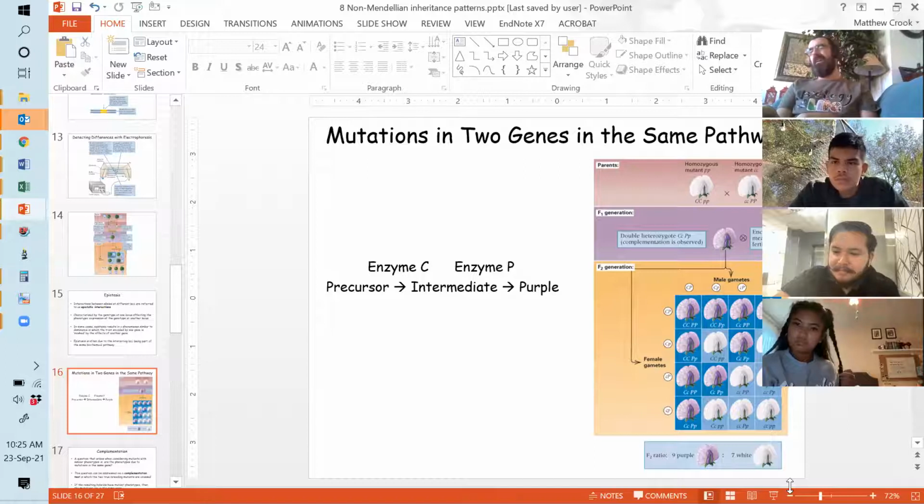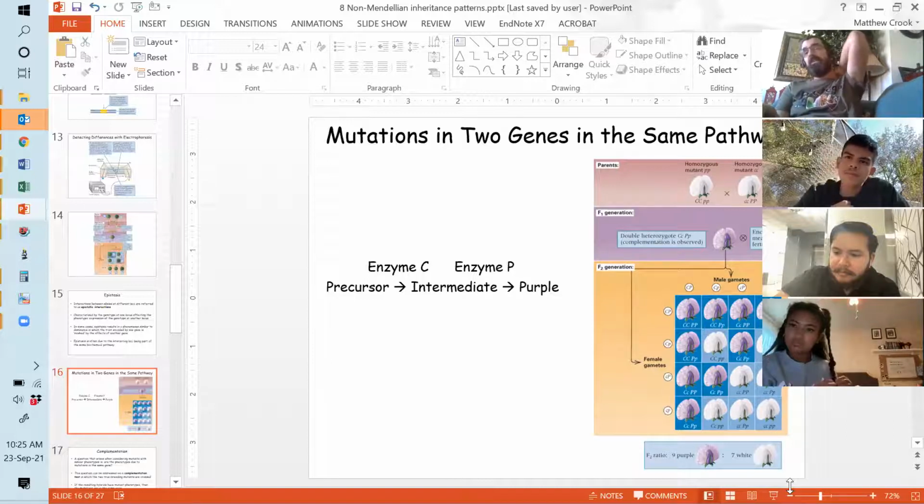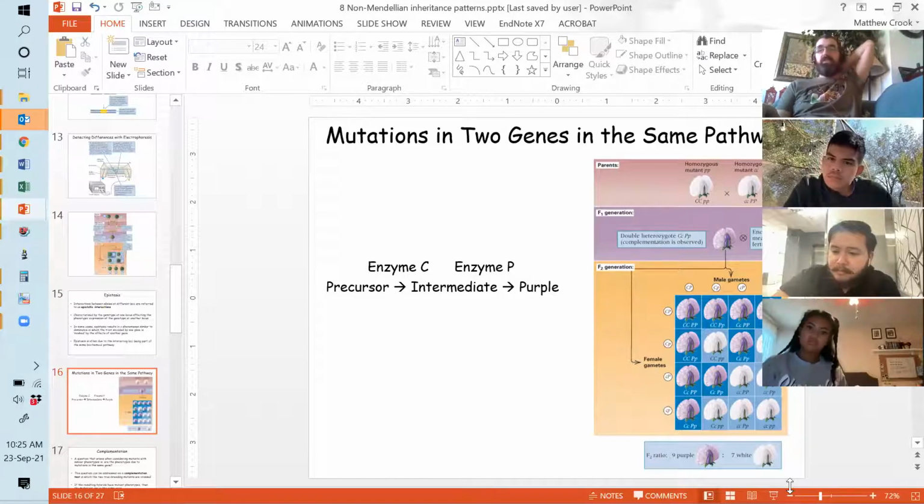And then you can also get, there's lots of different types of epistasis. You can get dominant epistasis. Actually, my favorite example is white cats. White cats are white because they have a dominant negative mutation in something that results in the cells that produce pigment in cat fur.